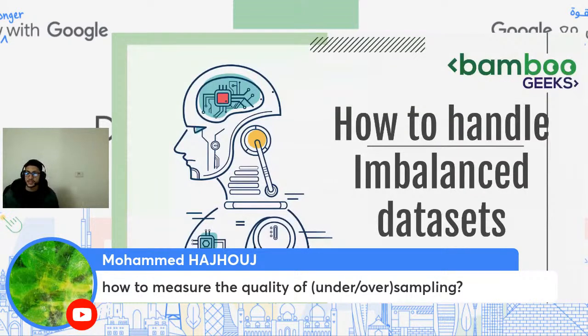So there is no this or that. And for answering your question about the quality, as I said, the quality is dependent on the quality of the predictions. You cannot know whether the undersampling or the oversampling was successful except by knowing how the model is performing when given oversampled or undersampled data. So the quality of the sampling depends on the quality of the prediction.